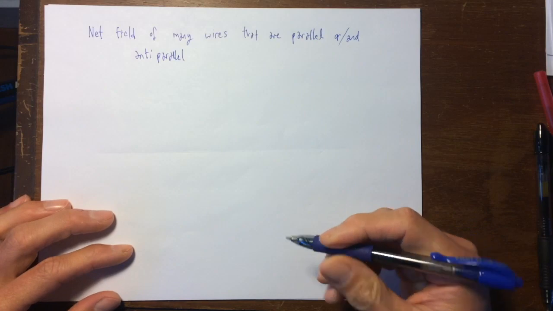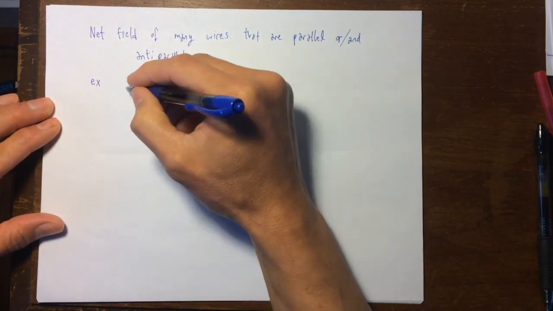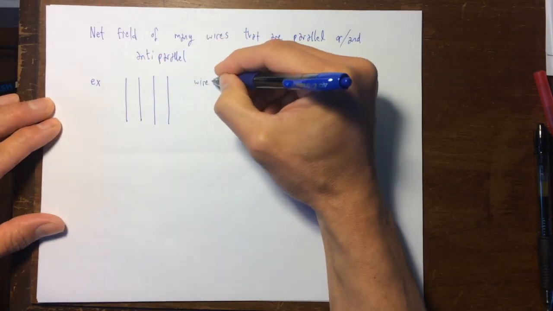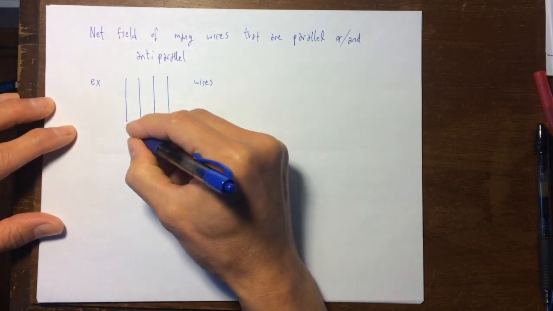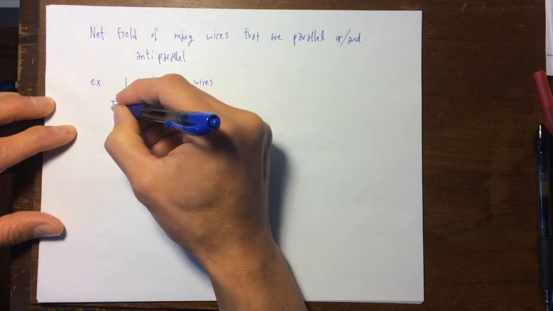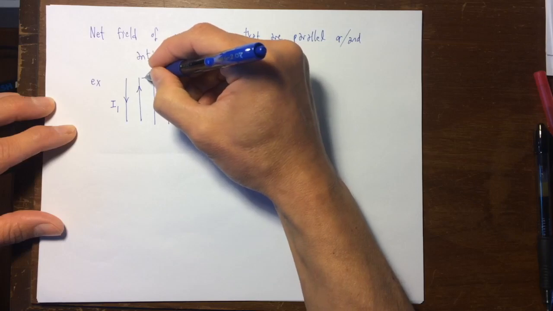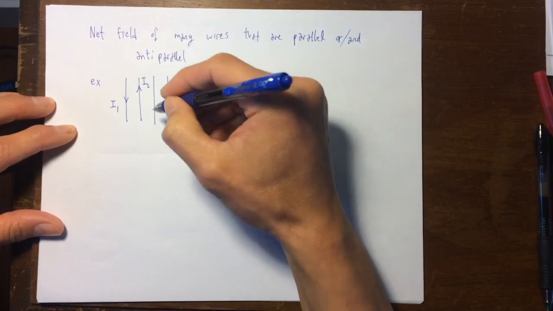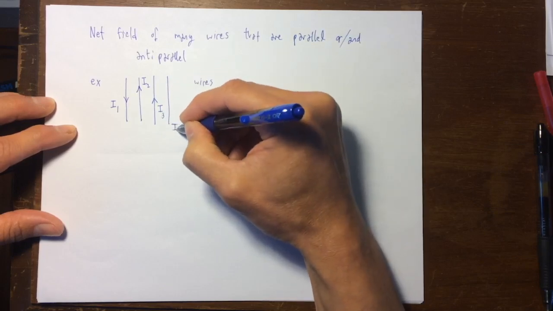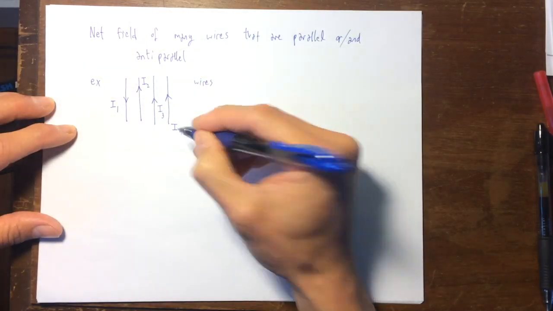What I mean by this is, for example, what if I have a bunch of wires? These are 4 wires. This wire carries a current headed downwards, let's say that's I1. And then this current heads upwards, this is I2. And let's say this one is also upwards, I3, and this one is also upwards, just for the hell of it. So we've got 3 ups and 1 down. This is I4.